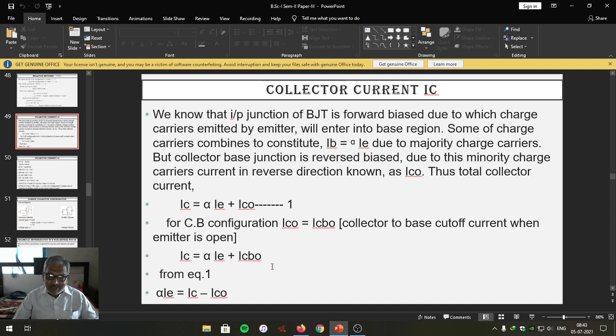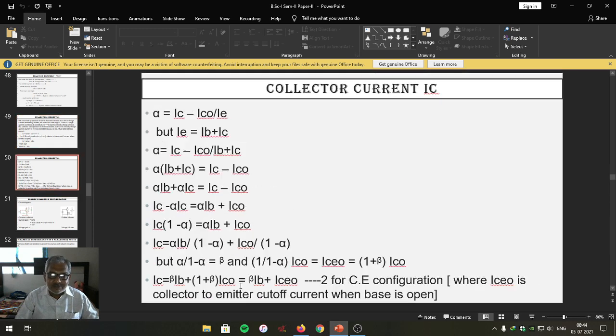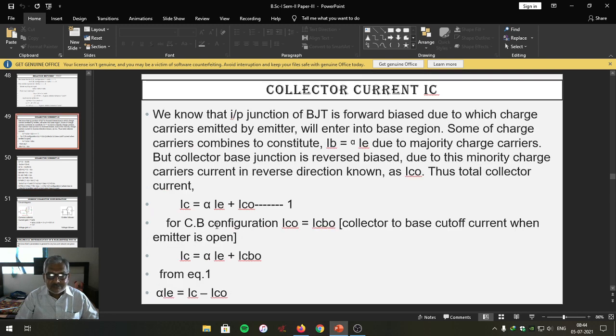For common emitter, let us see what happens. Equation 1 can be written as alpha I is equal to IC minus ICO, just by transferring ICO to the left side.